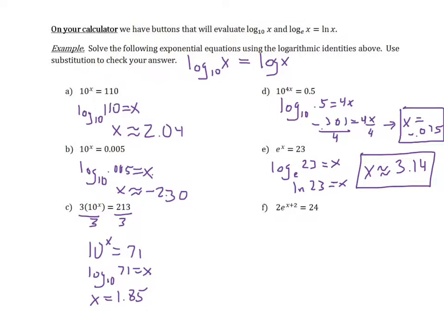And no, it's not pi, but it looks close. So here, let's do it all. Let's divide by 2. And we get this. Take the natural log of 12. That's going to be x plus 2, because x plus 2 is in the power. And we can subtract 2 from both sides, and we get x is the natural log of 12, which is the exact answer, but let's get an approximate answer here.